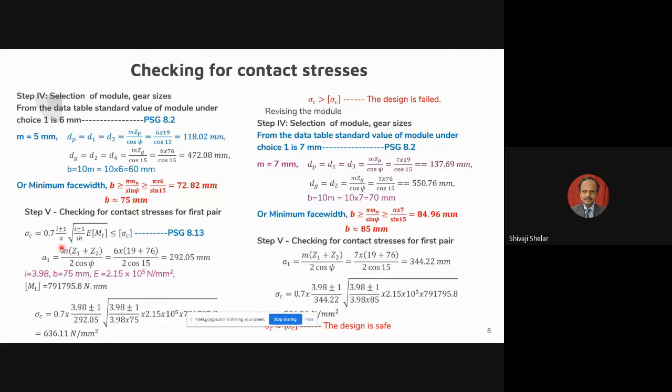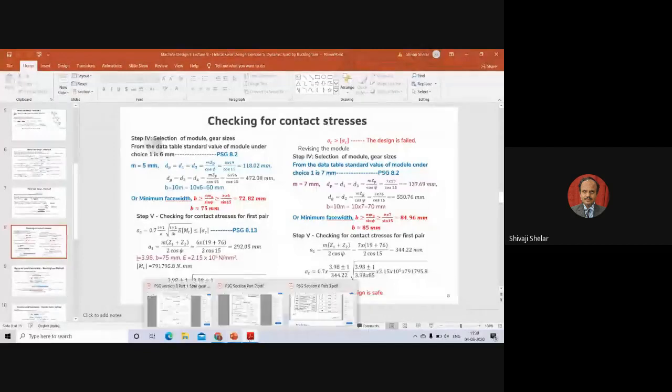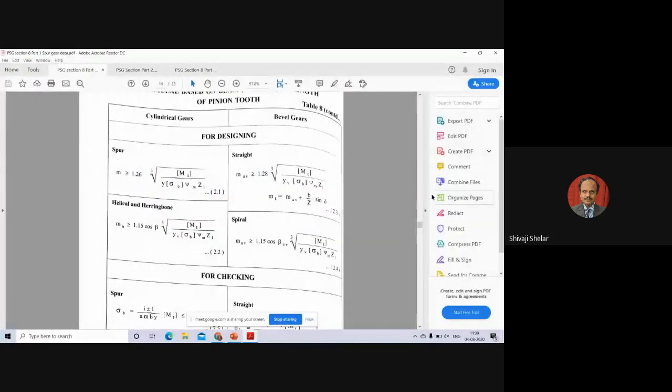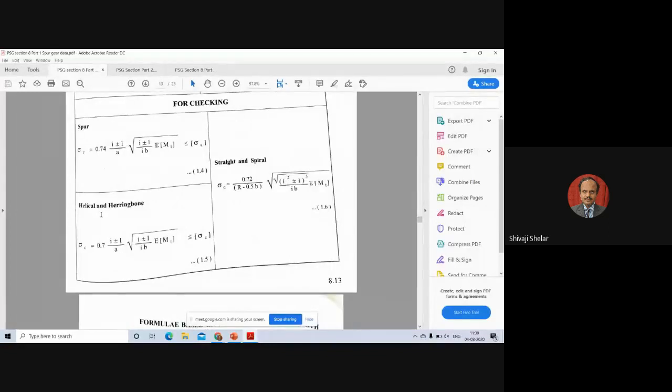For calculating design stress, we have a formula on page number 8.13. This is the contact stress formula, sigma c, for the helical gear: 0.7 (i plus minus 1) upon a, square root of (i plus minus 1) upon ib into E into Mt, less than or equal to sigma c. Here E is the equivalent Young's modulus for gear and pinion material.